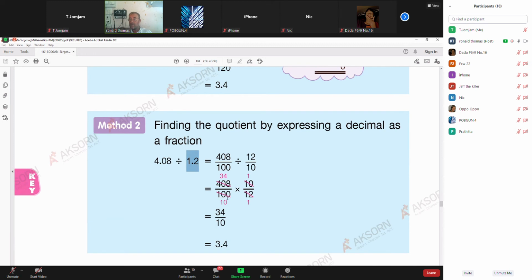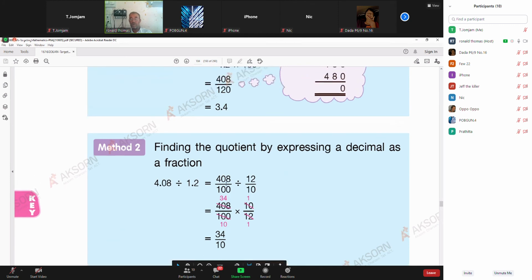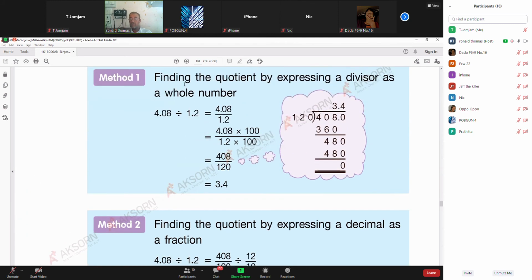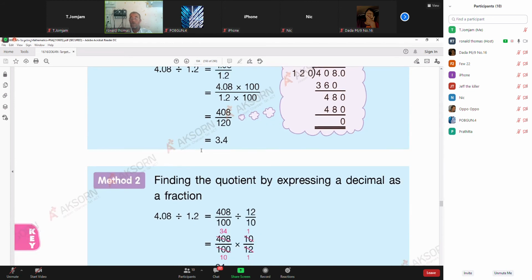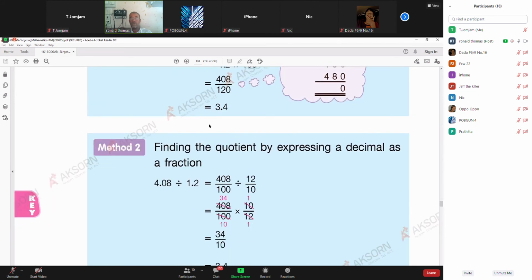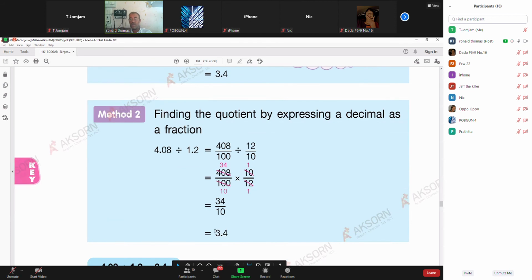Multiply by 10. We get 34 over 10. Wow, look, you can do it two ways. You can do method 1, divide by a whole number, or you can change it to a fraction. But both answers are the same. Please note, both answers are the same. 3.4 and 3.4.